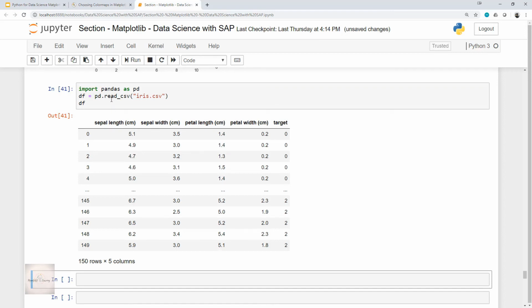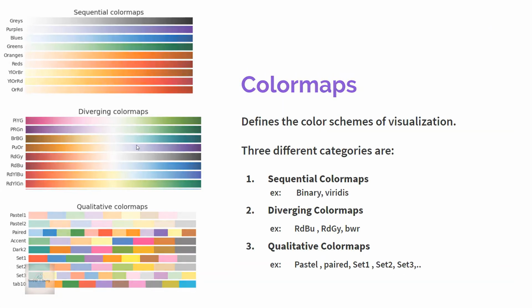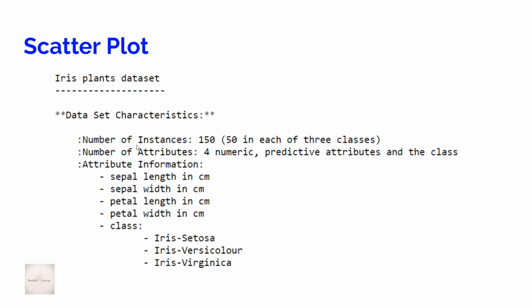Before using the dataset for our plot, let's get some knowledge of what this dataset is all about. This dataset is known as the Iris Plants dataset. It consists of 150 instances, that is 150 flowers, which can be categorized into 3 species of iris: Iris setosa, Iris versicolor, and Iris virginica.